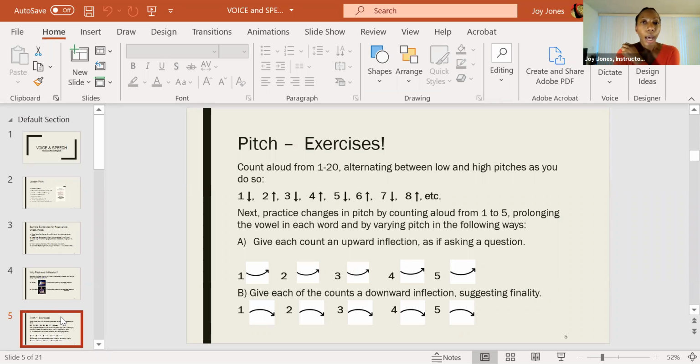Excellent. And then this next set, you'll continue to follow the instruction of the arrows. These are two different sequences from 1 through 5. But in the first one, as the instruction says, you're giving each count an upward inflection, as if you were asking a question.